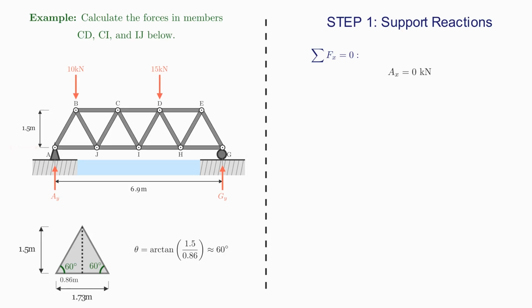Next, I'm going to take moments. Taking moments at A will eliminate the AY from the equation, because moments is force multiplied by perpendicular distance. And the distance of AY from A is 0, so AY is multiplied by 0, which eliminates it from the equation. For moments, I take anything going counterclockwise as positive and clockwise as negative.